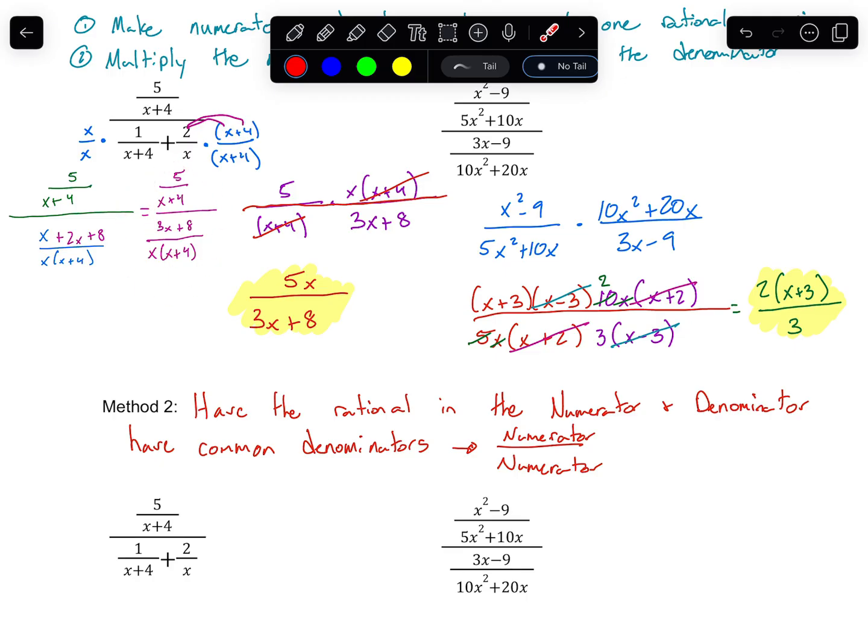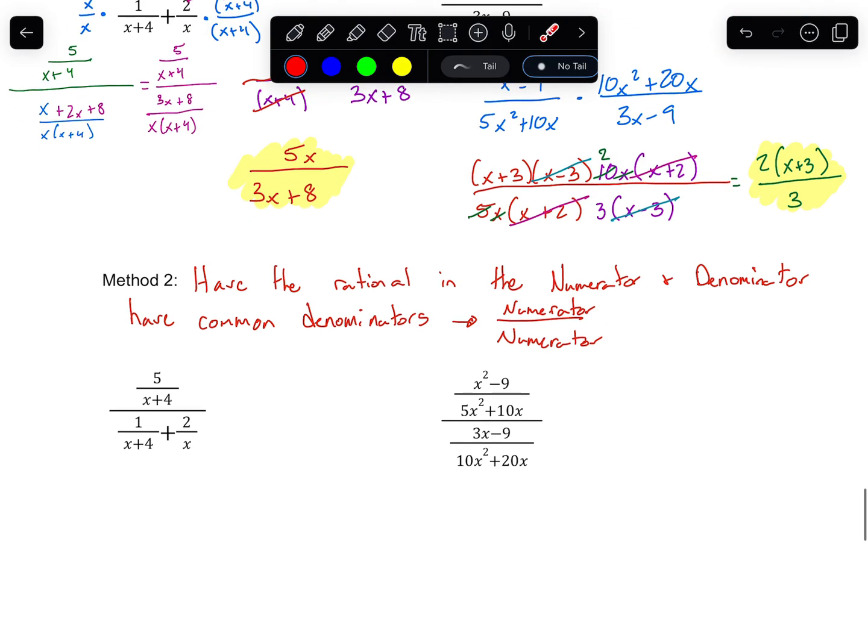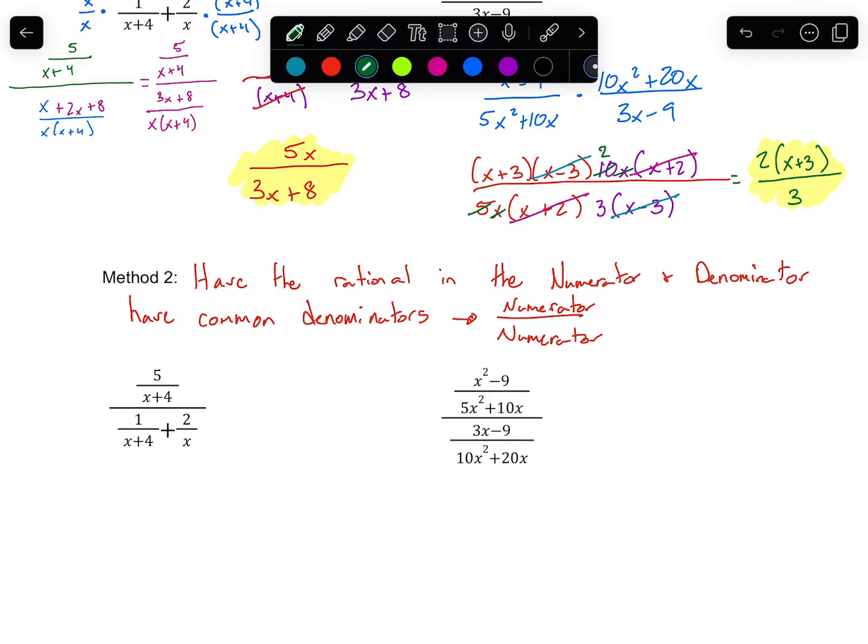So I'm going to rewrite what I know this is as what we combined it to. So I know this is the same as 5 over x plus 4 all over 3x plus 8 over x times x plus 4.